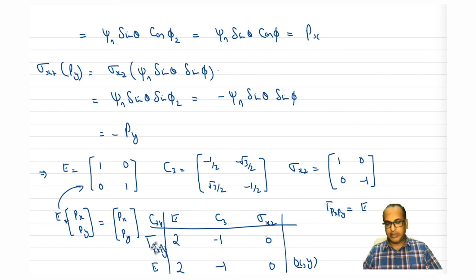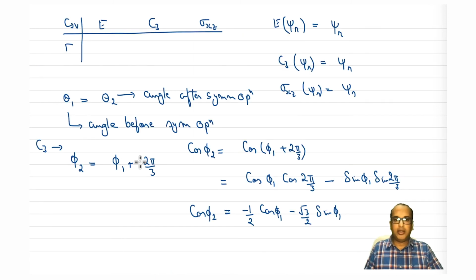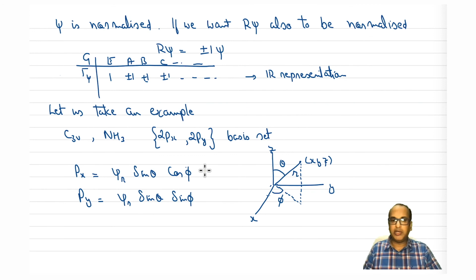But now, as it turns out, it lies along the x and y axis, which is clear from group theory, this character table, right? So this means that we can now name this orbital as px orbital. What I mean is that to start with, we only had these functions. We did not know whether it's px or py, right?